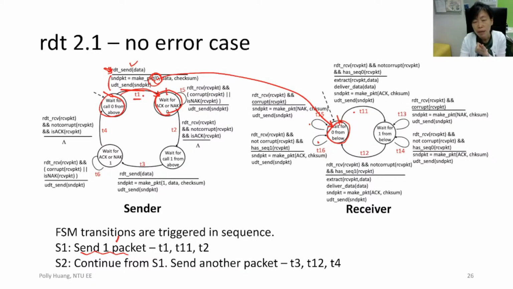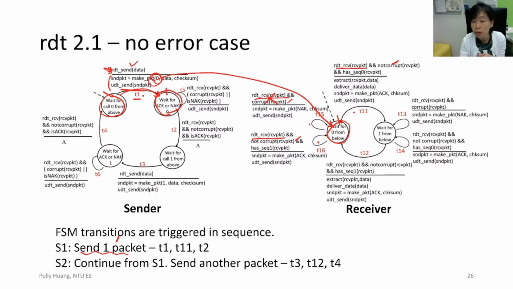Now, the event is, yeah, we receive a packet, definitely. Okay. So all transitions are triggered by receiving a packet. But exactly which one is triggered depends on checking whether the packet is corrupted or not. And we're assuming no errors, so this one is not possible. So this one passes to this point, this one passes to this point.